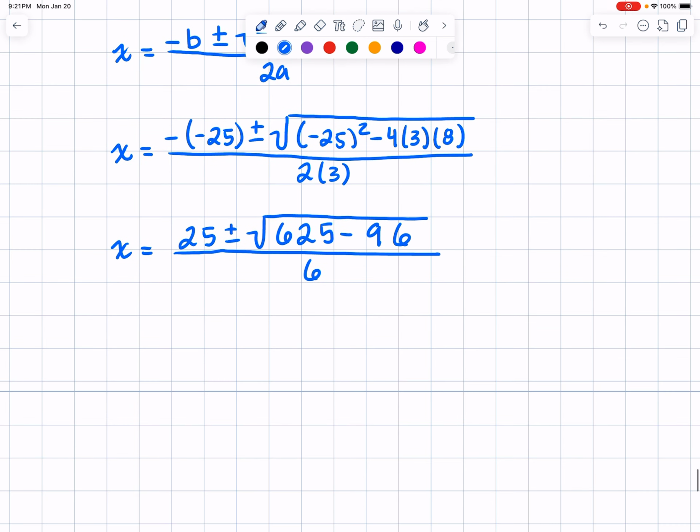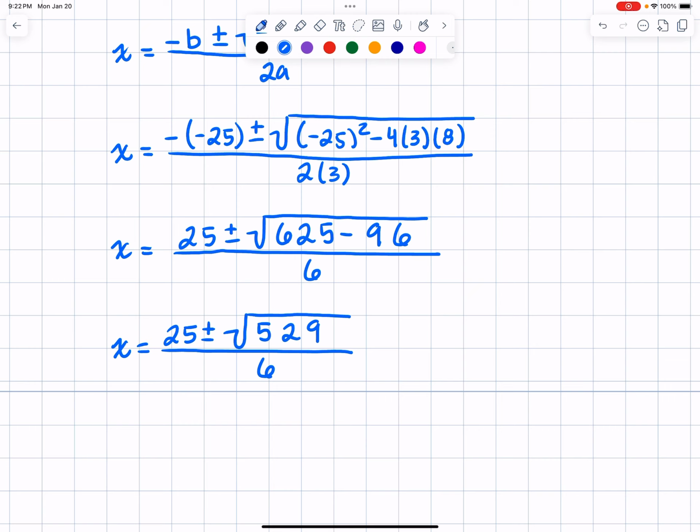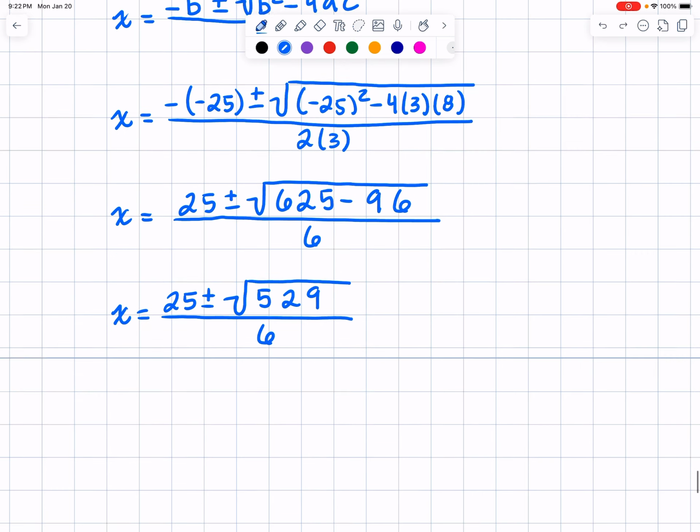Okay. So now we have x equals 25 plus or minus the square root of 625 minus 96 is 529, 529 all over 6. So the square root of 529, if you put that in your calculator, which you should, is 23.